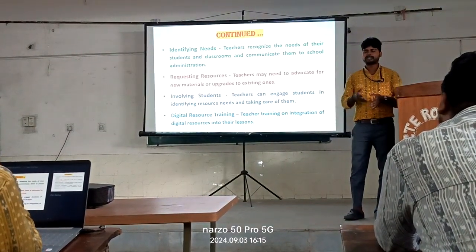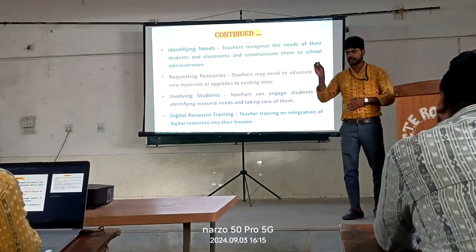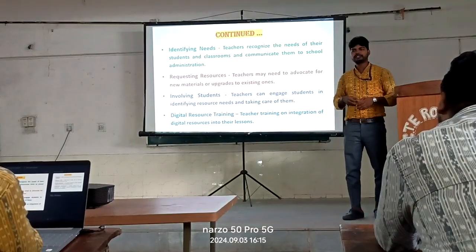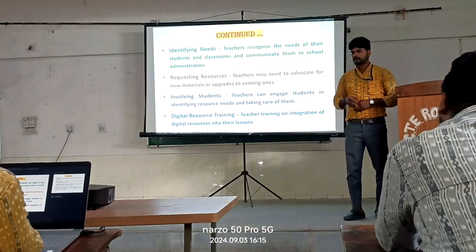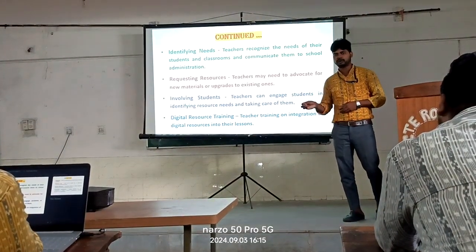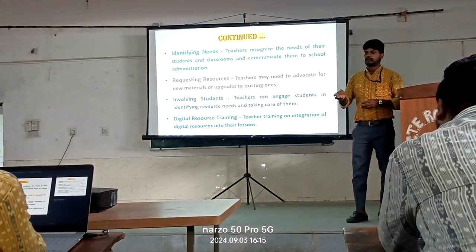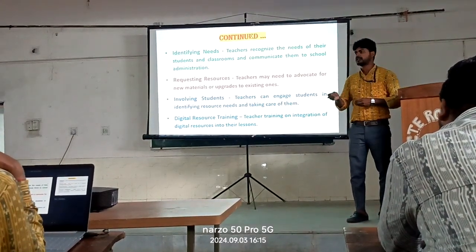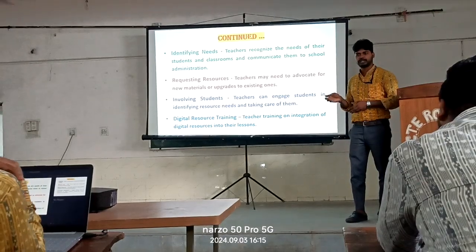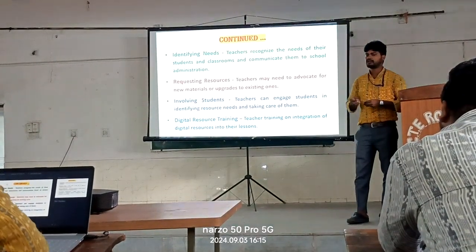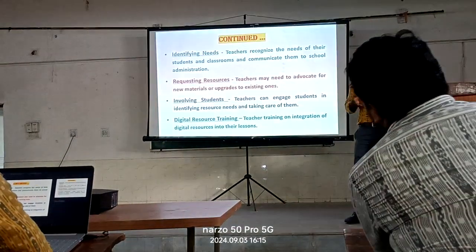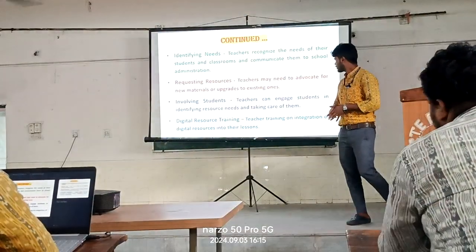Now it is the duty of the librarian first of all, and also the duty of all of us. If we are not getting a particular book, we need to request the librarian to bring forward the proposal of getting those books to the administrator of our college. That is how we request and then we get the resources.